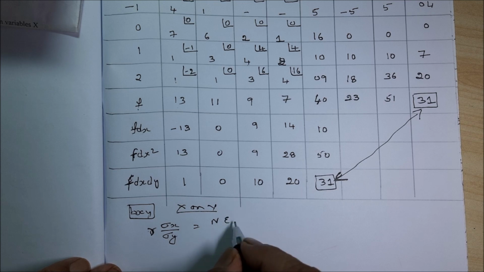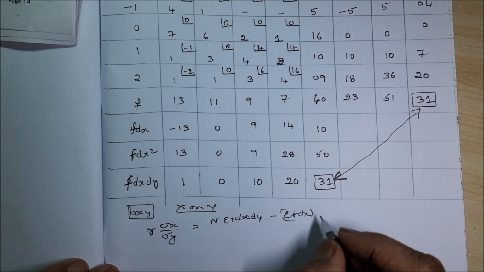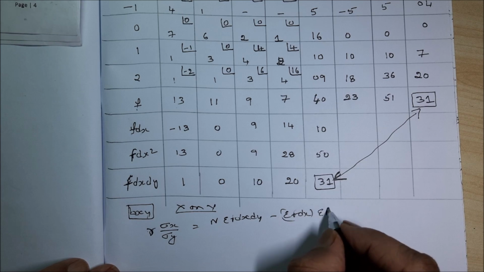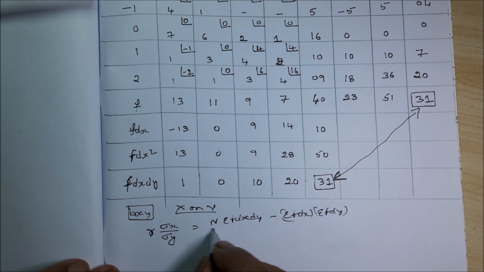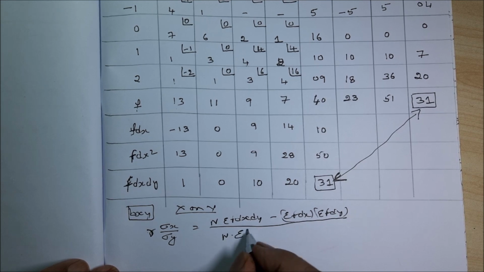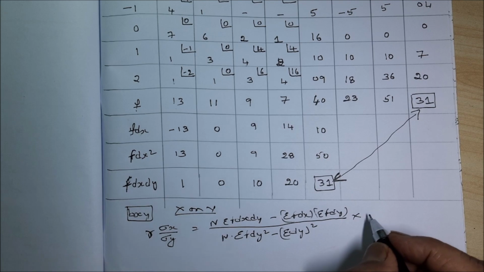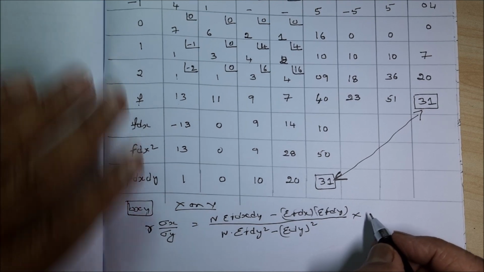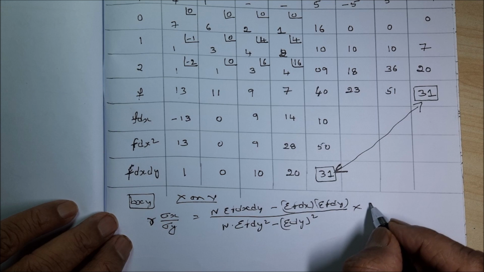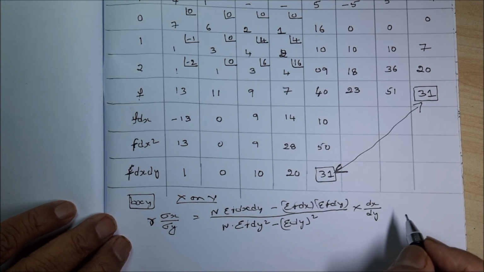N into summation of sigma f dx dy minus sigma f dx into sigma f dy, whole divided by N into summation f dy square minus sigma dy whole square, into the common divider what you have taken, which is called dx by dy, that is 10 and 100 if I am correct, right?